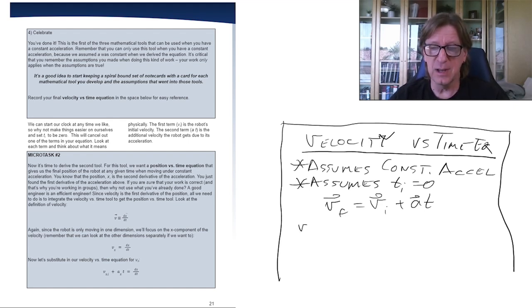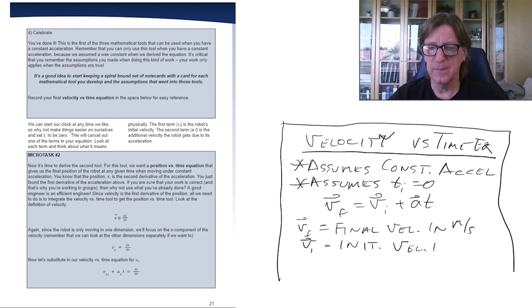So here I'm saying VF is the final velocity in meters per second. VI is the initial velocity in meters per second. A is the acceleration, and if you want to remind yourself that it's a constant acceleration, that's fine.